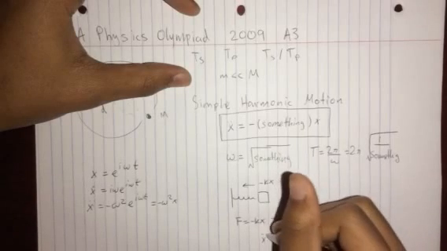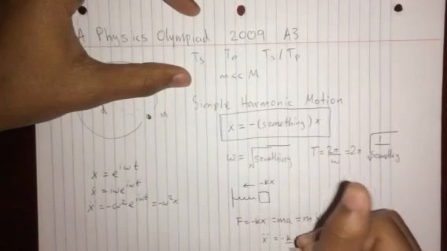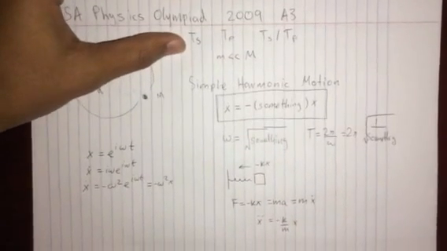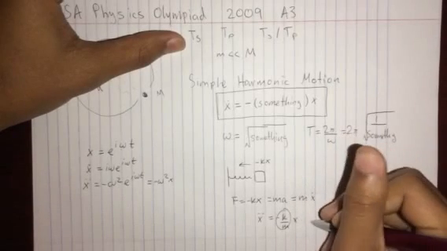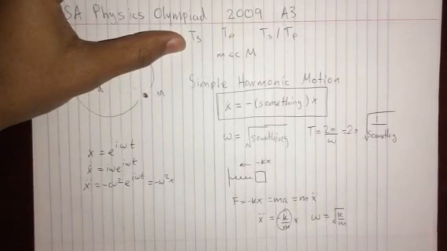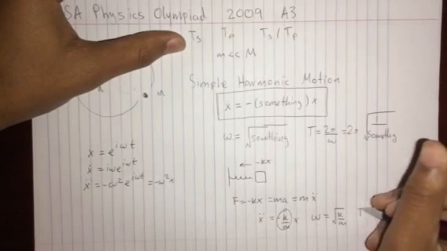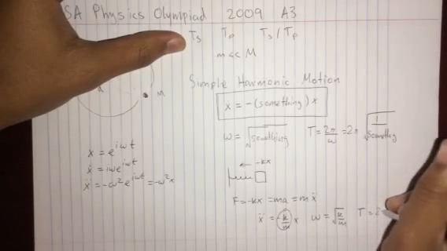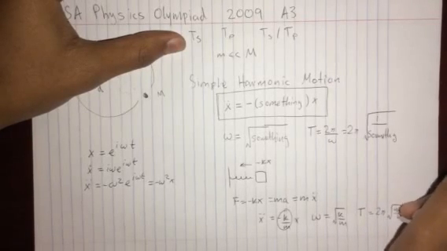So x double dot equals negative k over m times x, and this is your something. And so omega, the more familiar omega, is root k over m, and T is 2 pi root m over k.